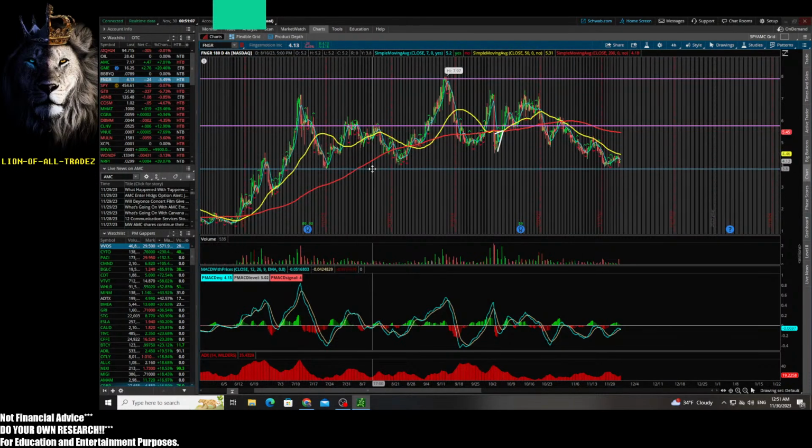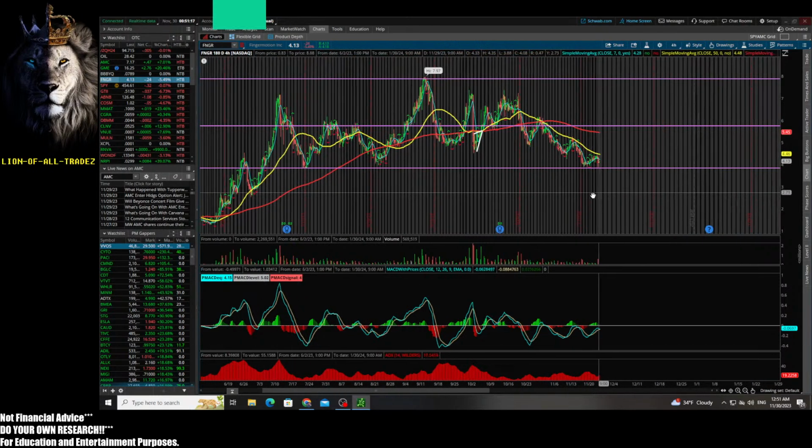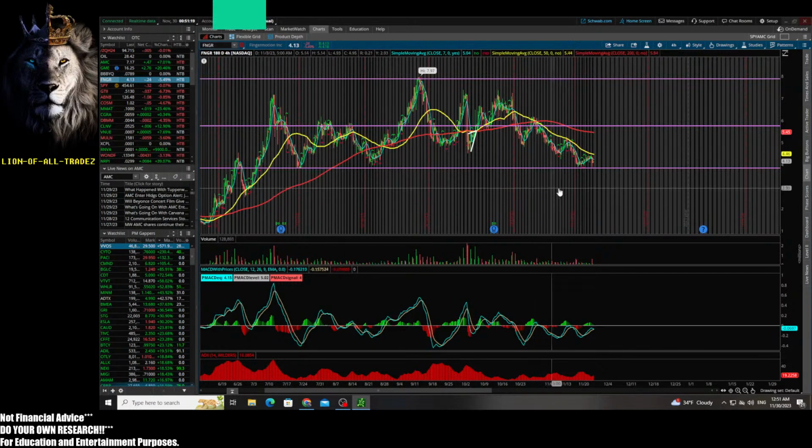Like how it held this range for such a long time right there. Look at that. Could this possibly be a bottom right there?